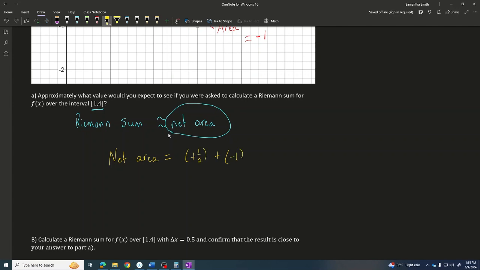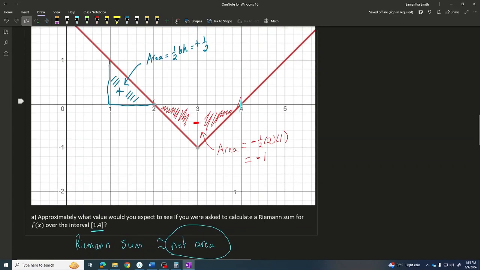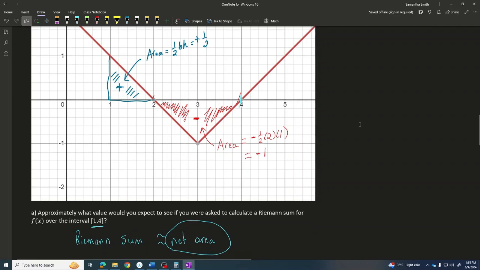All in total, the net area is negative 1/2 units, a negative area of 1/2, to capture the fact that this graph is mostly below the x-axis between x equals 1 and x equals 4.